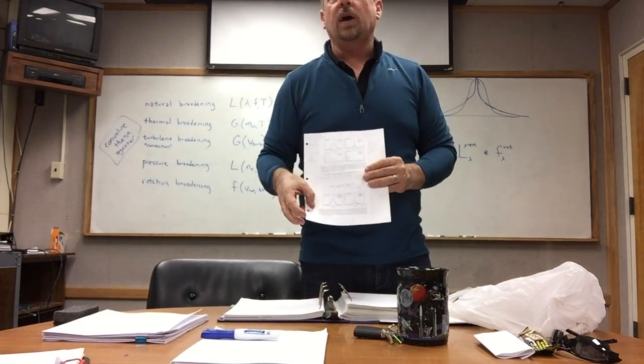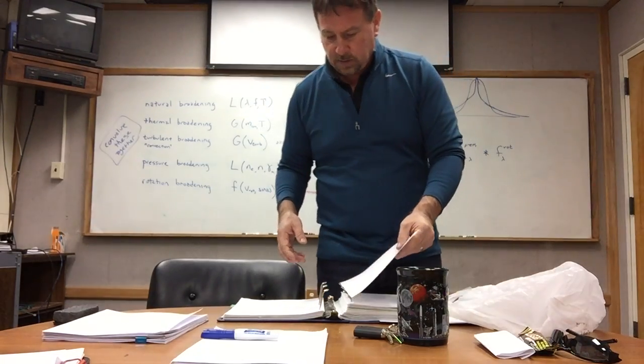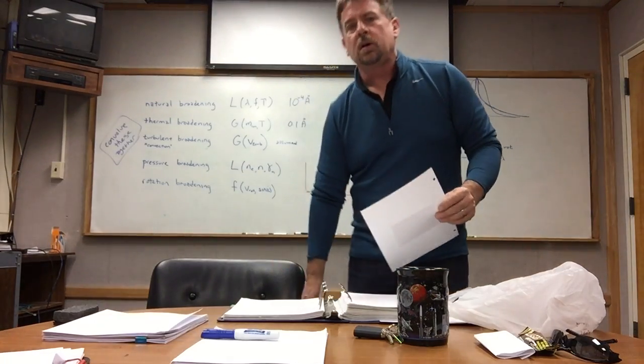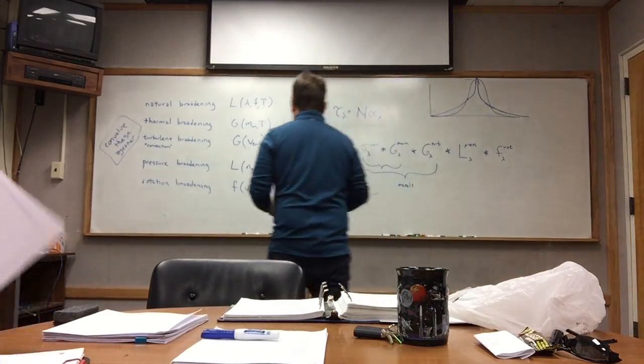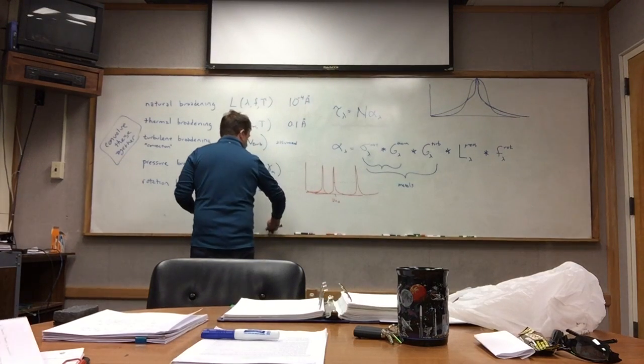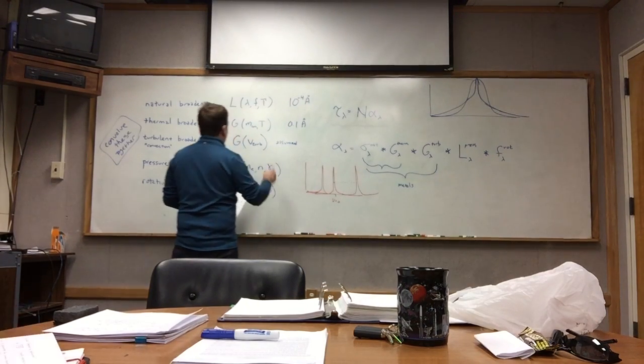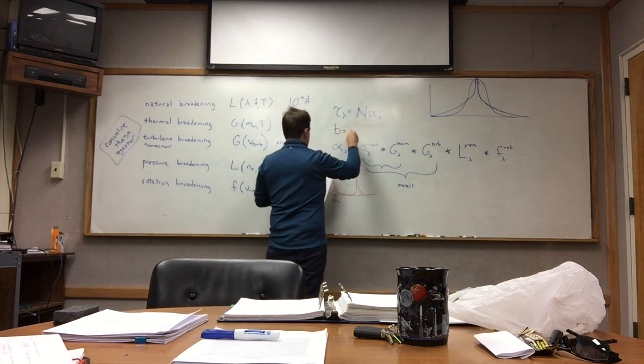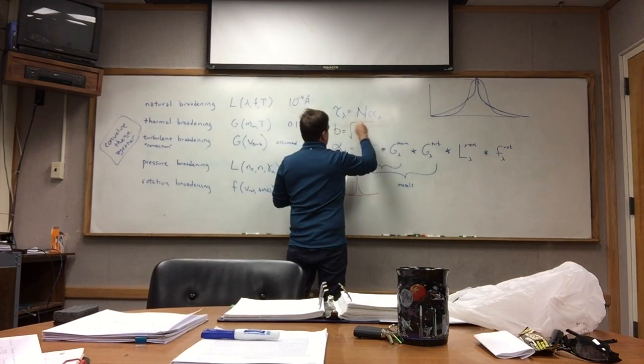All right, so we've talked about that at the beginning of the class. A lot of times what people do is they talk about something called the B parameter. They define a parameter called the B parameter, which is basically the square root of 2kT over the mass of the ion.